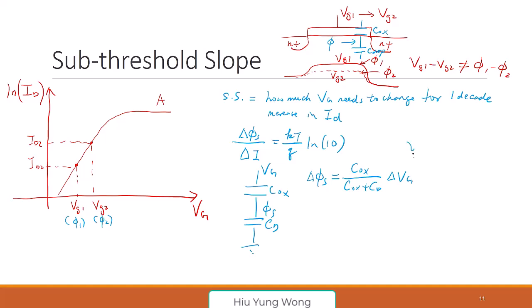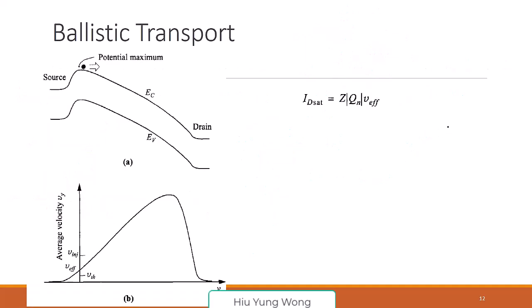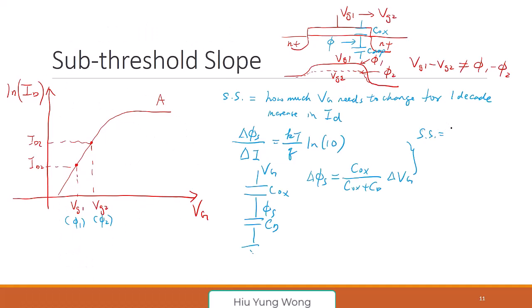Okay, so you combine this together, you see that what you care about is subthreshold slope, which is delta Vg over delta log I, equal to delta Vg over delta phi s times delta phi s over delta log I.